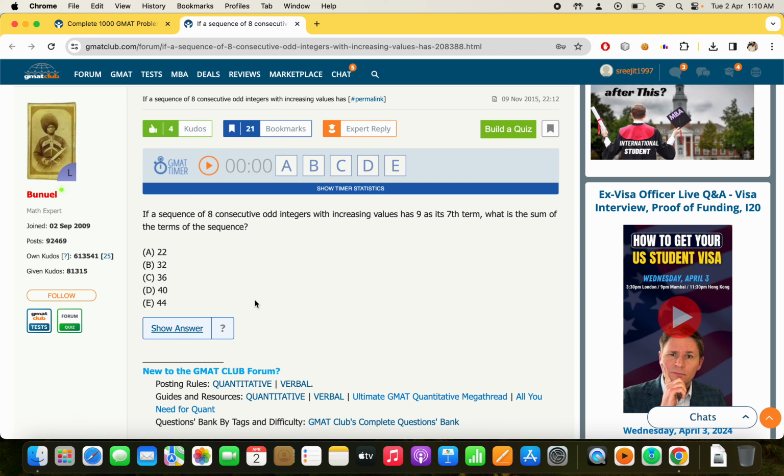Odd sequence, so we are considering it as odd. So A plus 12 is basically 9. So this makes it minus 3, the first term. So minus 3 is the first term and last term is 15.